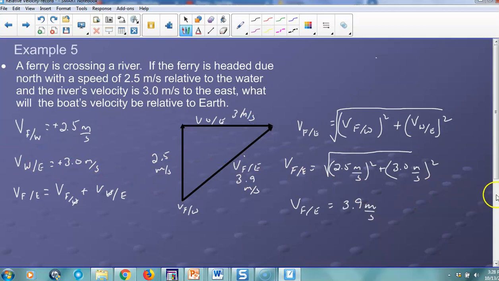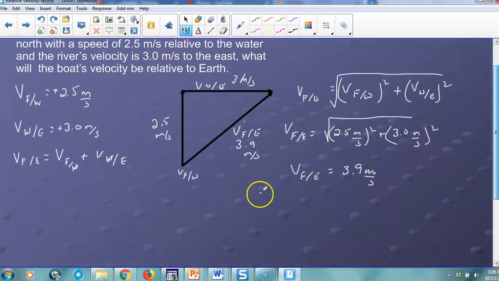So I'm going to go with theta. I'll go with this angle. Theta is equal to the arctangent of 3 meters per second over 2.5 meters per second.